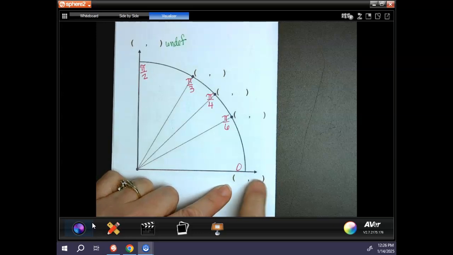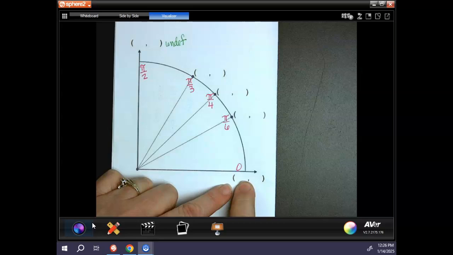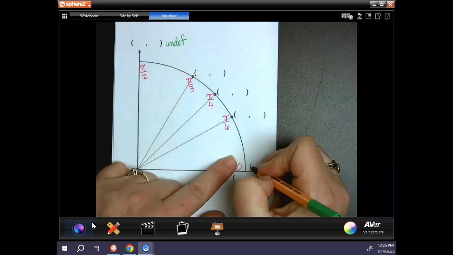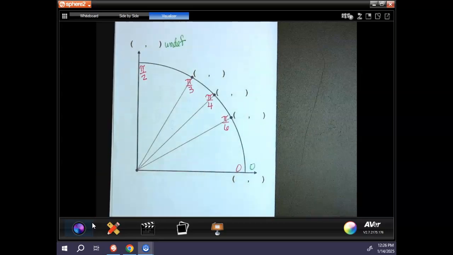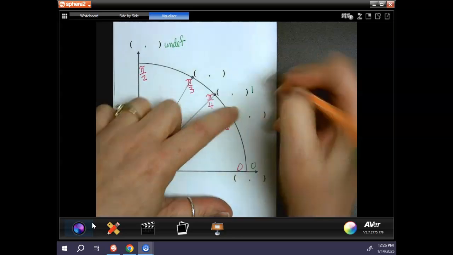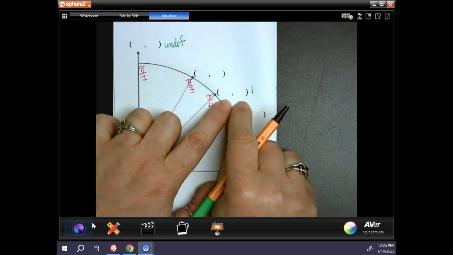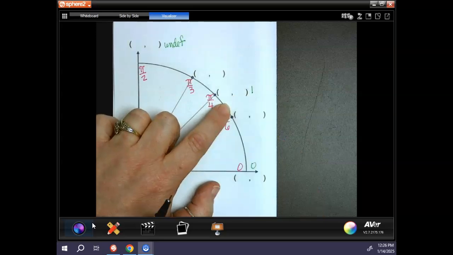When I put 0 over 1, what does that give me? 0. Now, what's the next easiest tangent value, do you think? 1, right? And that goes with what angle? Pi fourths. That's because the x and y values are the same, so when you make a fraction out of them, you get 1.